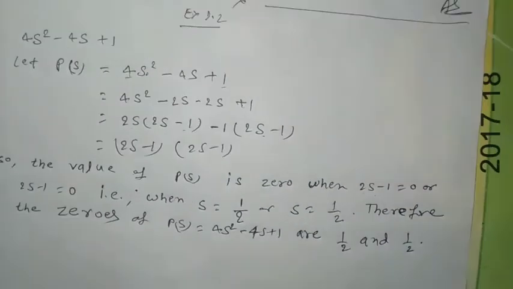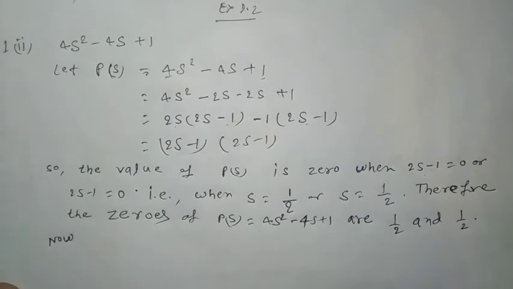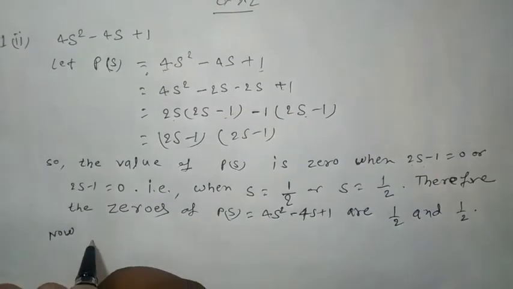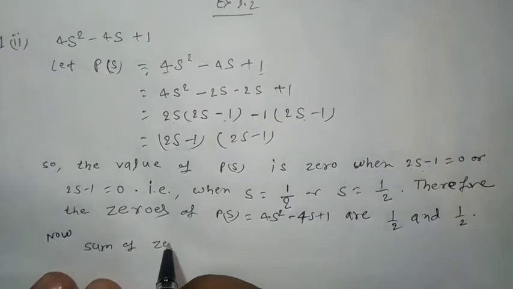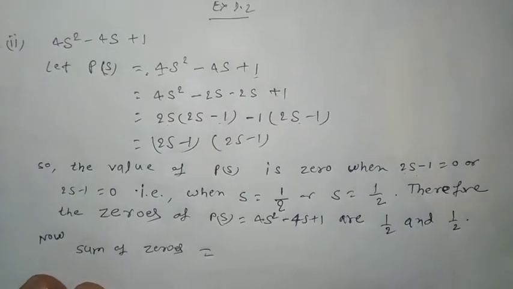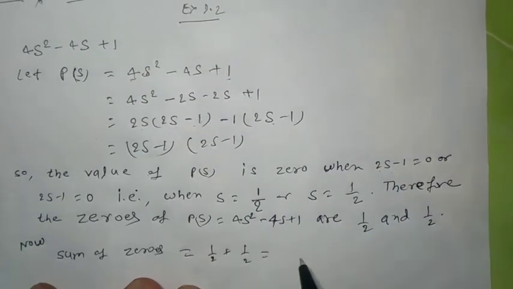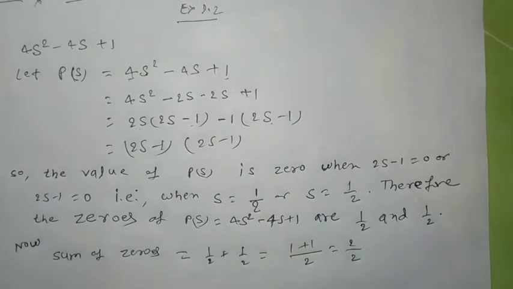Okay, now verify. Sum of zeros is equal to 1 by 2 plus 1 by 2 is equal to, LCM is 2, 1 plus 1 is equal to 2 by 2. Okay.